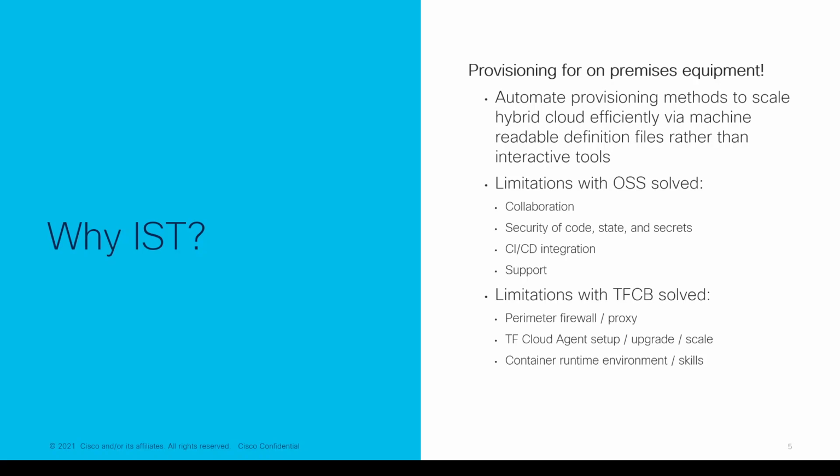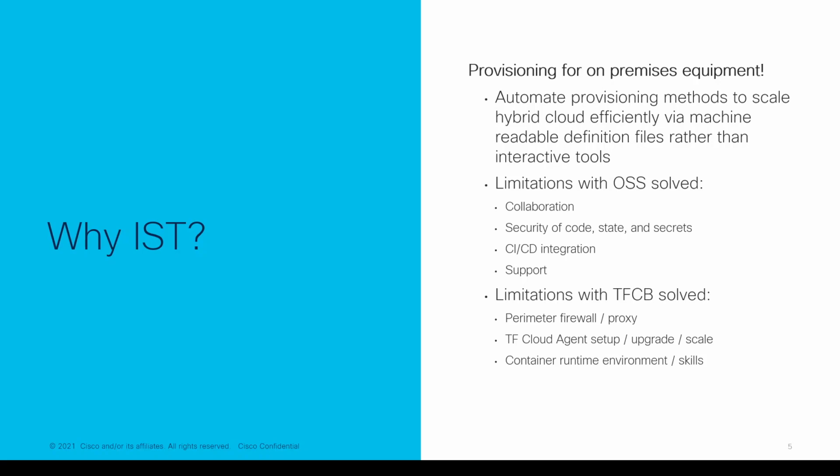So those are some of the limitations that we are solving with Intersight service for Terraform. Well, actually, all of those things there are problems that are solved by Terraform Cloud for Business, right? So we'll talk a little bit more about that. But then Terraform Cloud for Business has other limitations of its own.